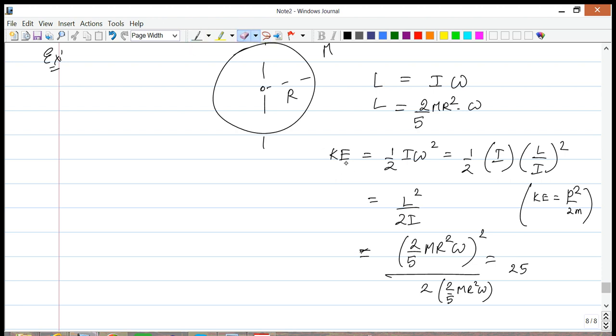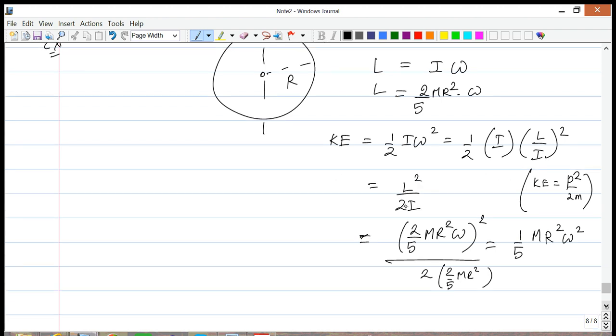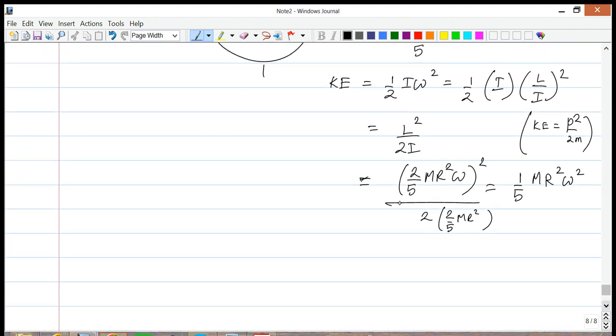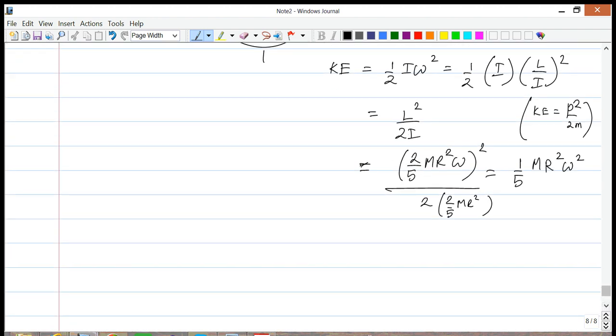So you know what? I'm complicating life. So it'll be 1/5 m times r square, there's no omega here. So 2/5 m r square times omega square. That's what we end up getting. Okay. So we have all our expressions here. Everything is cool. All right, great.